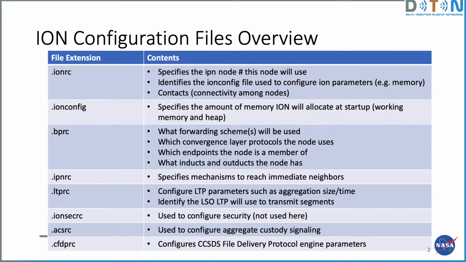The ipnrc file talks about mechanisms to reach your immediate neighbors. The ltprc file has LTP configuration stuff. There's a lot of stuff that sits behind LTP configuration. You would think that LTP would be extremely simple in what it does, and it is.